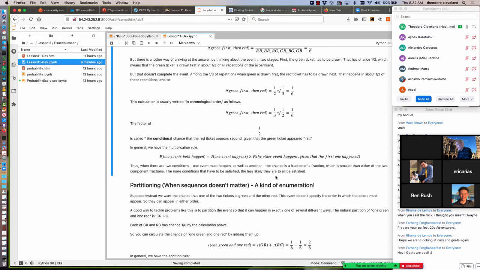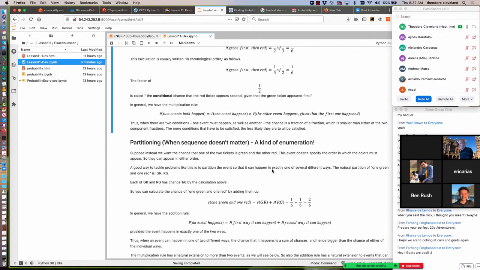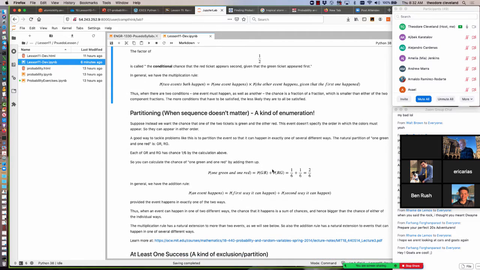A second approach to almost the same kind of situation is called partitioning. And that's when the sequence itself doesn't matter. So if we instead want to ask the question, what's the chance that one of the 2 goats is green and the other red? That case does not specify the order in which the colors must appear, so they can appear in either order.